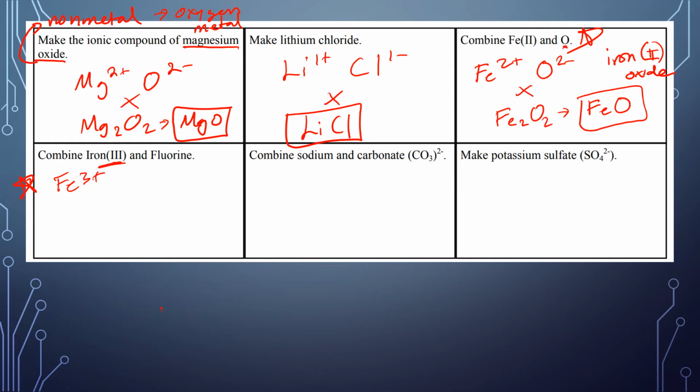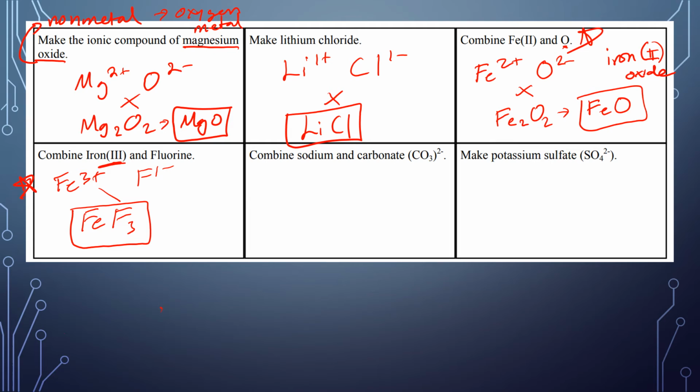So iron 3 and fluorine, so that is a fluoride ion. I'm going to crisscross this one, so my Fe has only 1, so I don't need to put that down, and my F is going to have a 3 on it because I bring that down over here. So that's actually my ionic compound with the symbol.